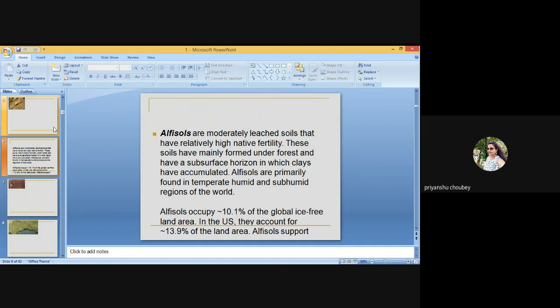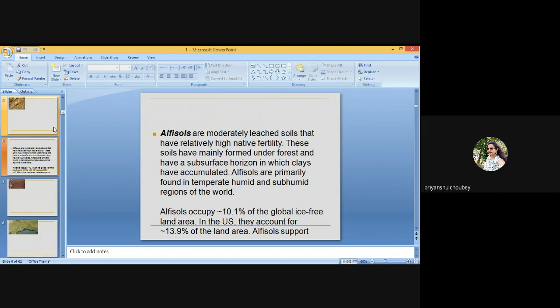Black soil, black cotton soil: very dark, cracking clay dominated soil, locally called regur, in central India, and Uttar Pradesh, Bihar, Gujarat.